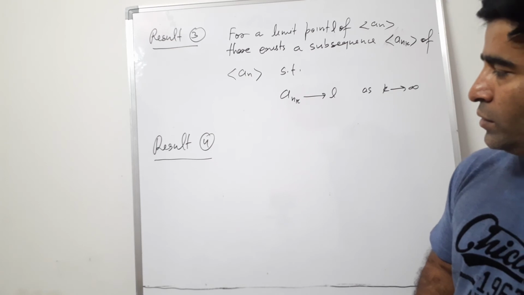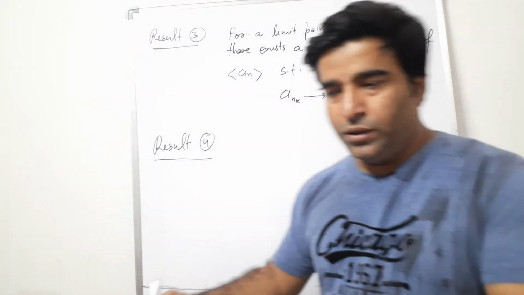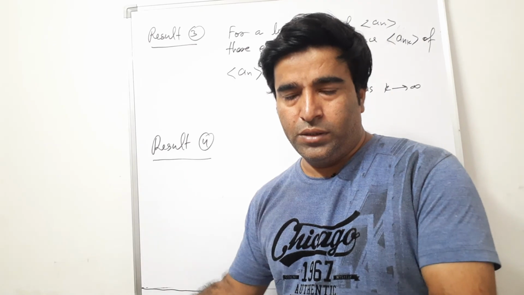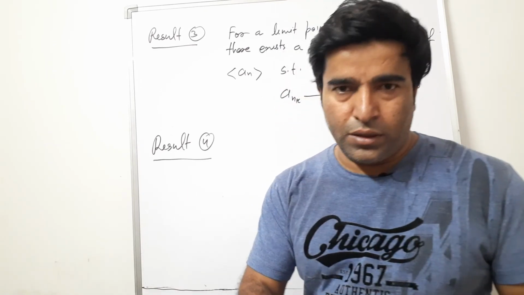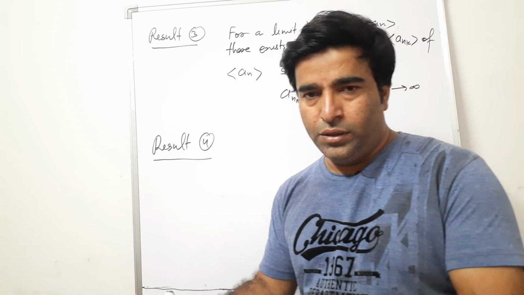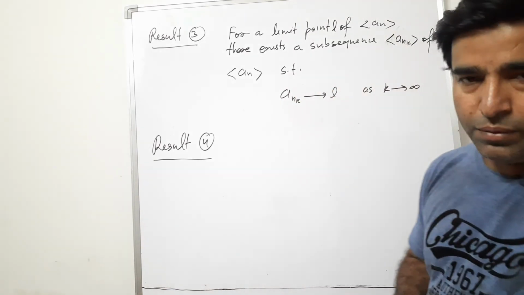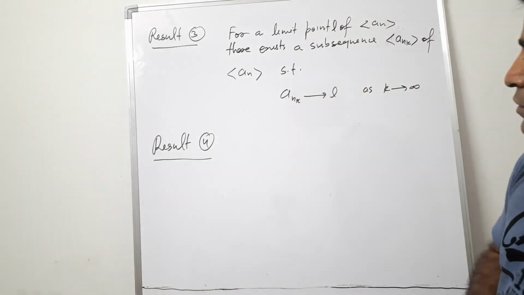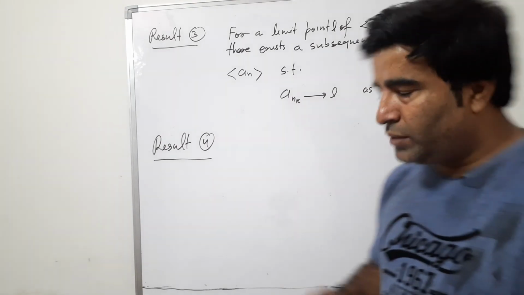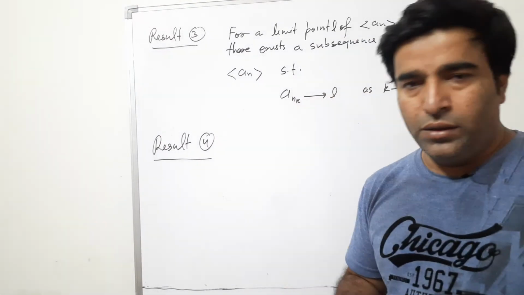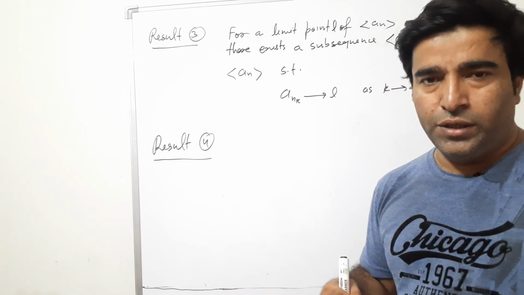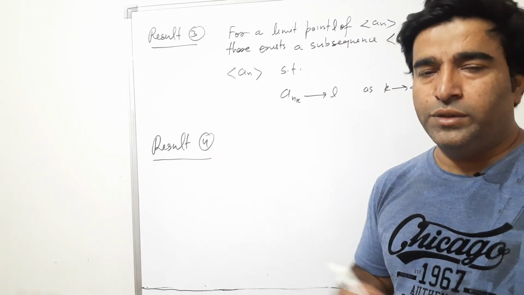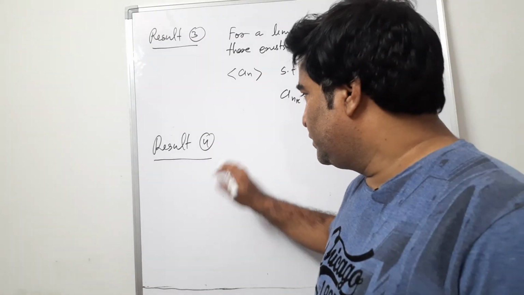In result 2, we write that the subsequences of a given sequence may be convergent, but the mother sequence may not be convergent. Okay. So under what condition is a sequence convergent? If all subsequences are convergent. So we write this in result 4.